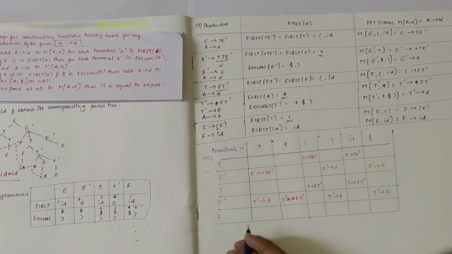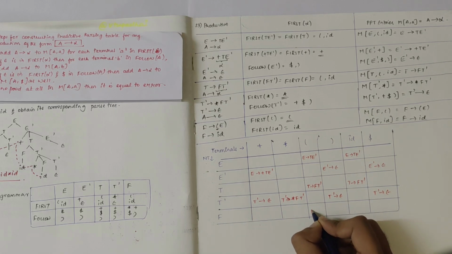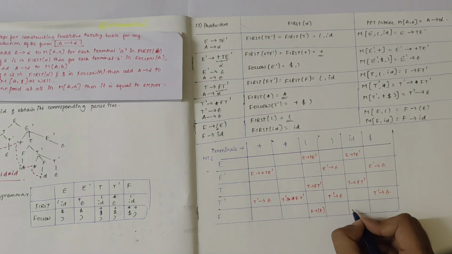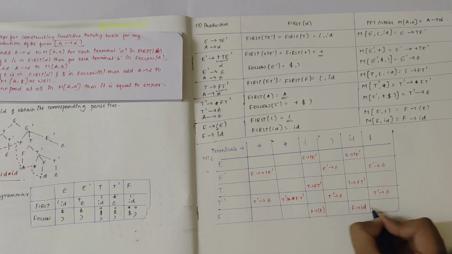Now moving on to F, on open bracket we have F derives (E), and here we have F derives ID.